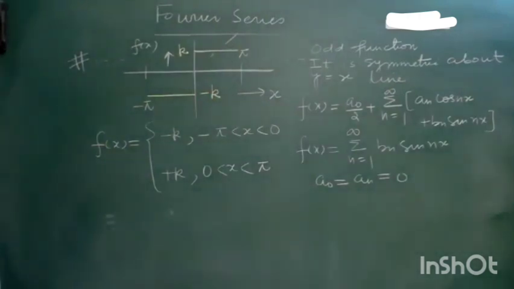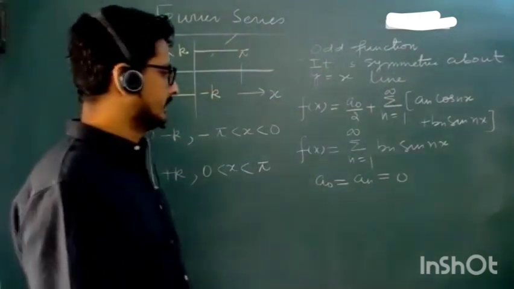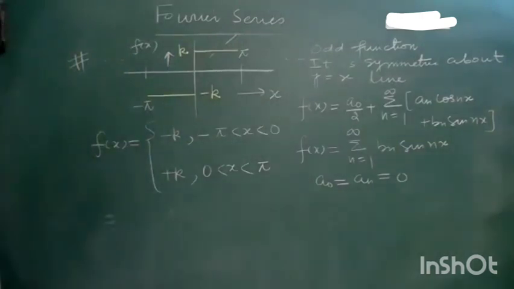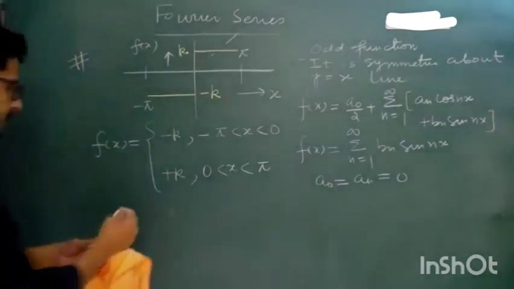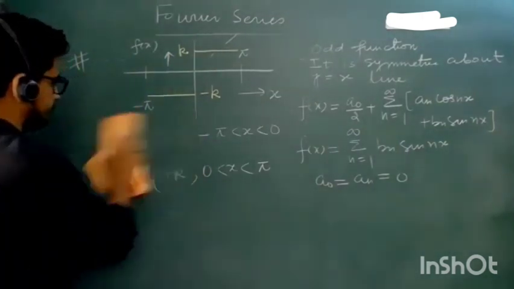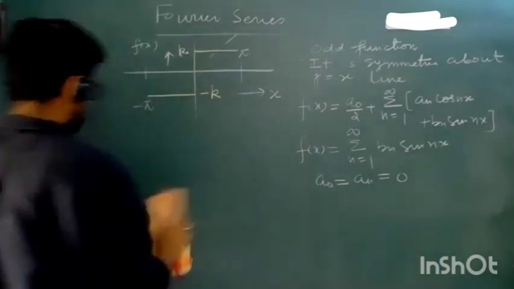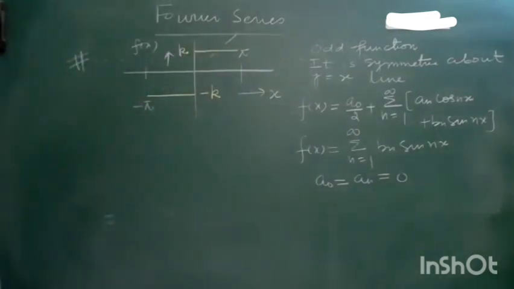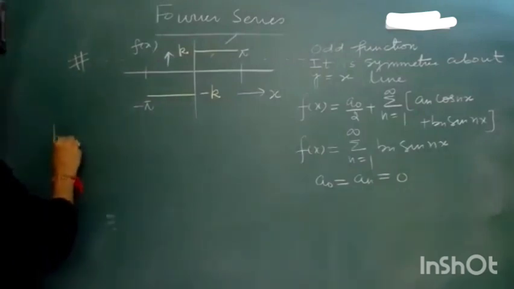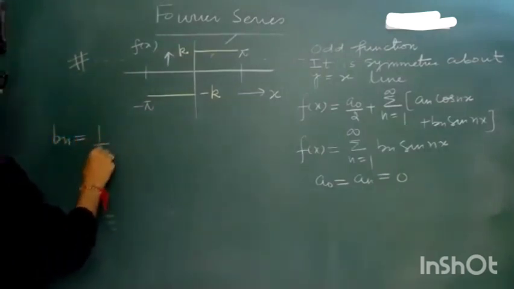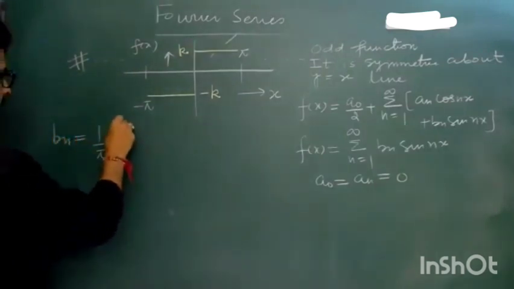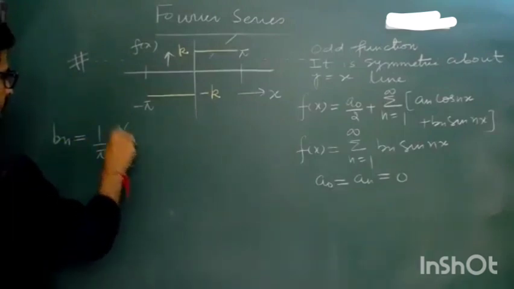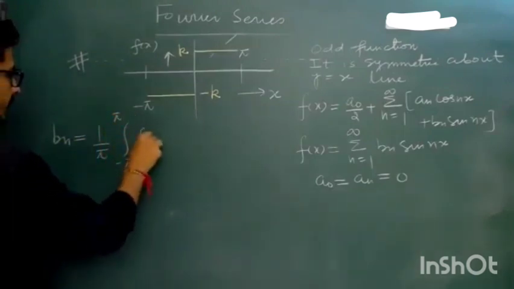So let us calculate the value of b n from this. So the value of b n will be given by 1 by pi integral minus pi to pi f x dx.